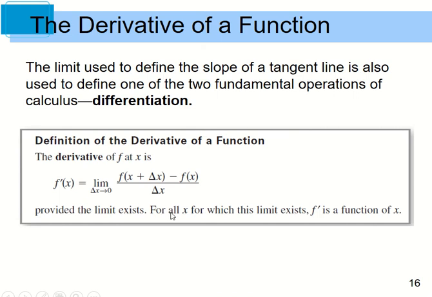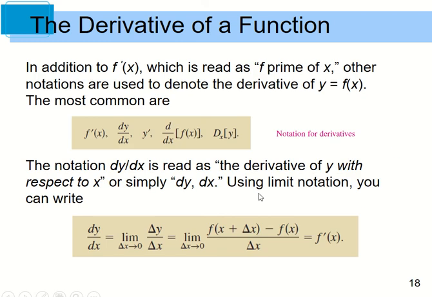And for all x for which the limit exists, f prime is a function of x instead. So f prime equals something in x. This symbol we read as f prime of x.